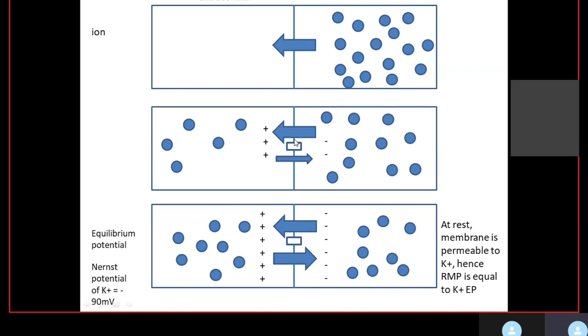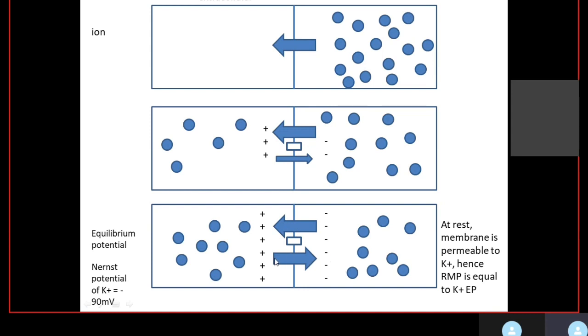Good. But potassium will keep moving though. As long as the big arrow is bigger than the small one, the force will keep pushing potassium out of the cell. This will continue until you get to the bottom. At the bottom, you now see the concentration gradient arrow is equal and opposite to the ionic gradient arrow in the opposite direction.